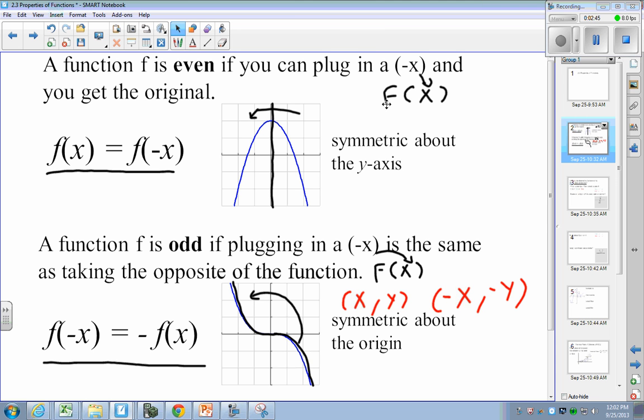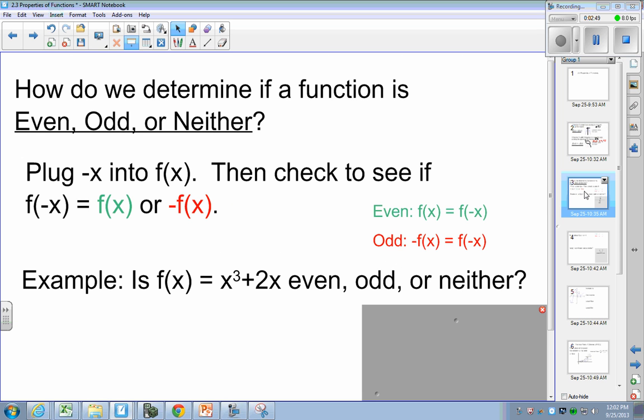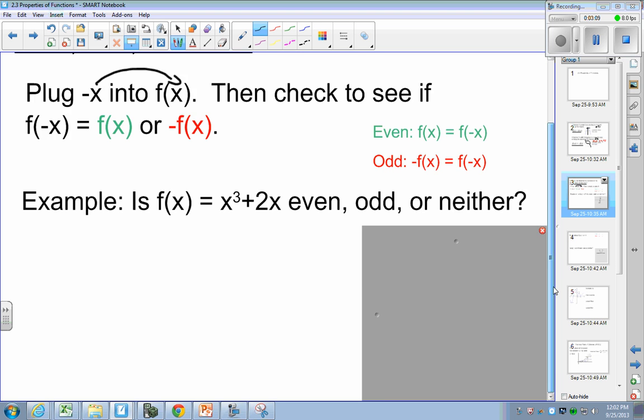Now let's go through some examples where we show whether a function's even or odd. Okay, so here, just laying down the foundations of how to show something to be even or odd. You just plug that negative x into f of x, and if it equals f of x, the original function, it's even. If it equals negative f of x, it's odd. Here's our example. So what do we do first?